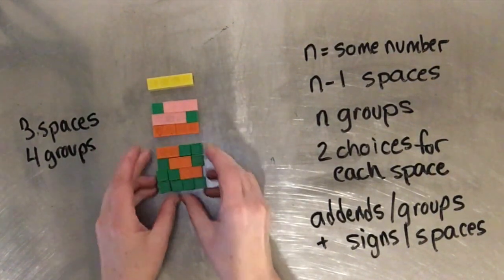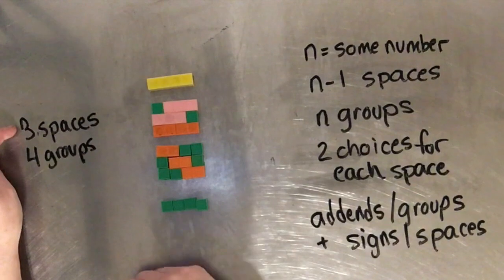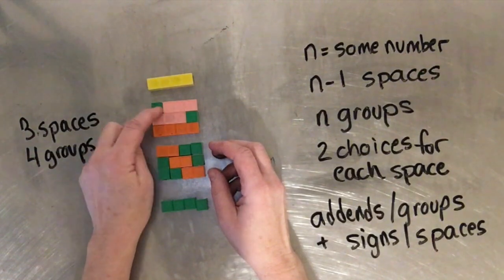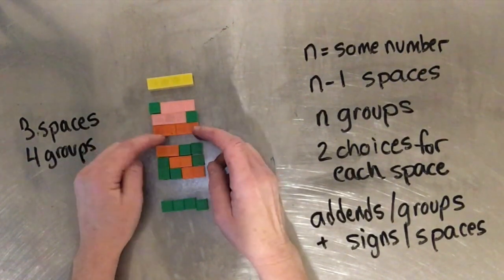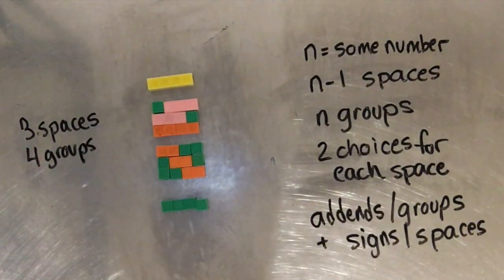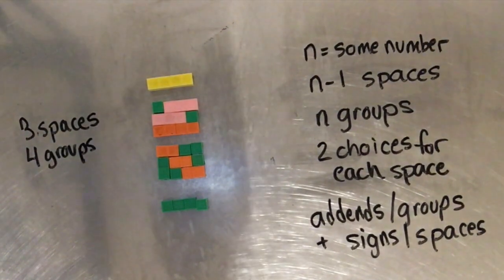And then 3 groups, and then 4 groups. They don't necessarily need to think about the spaces so much, but you might want to talk about 1 plus 3, 3 plus 1, 2 plus 2, right? Because the spaces and the groups are the add-ins and the plus signs, or the plus signs and the add-ins.